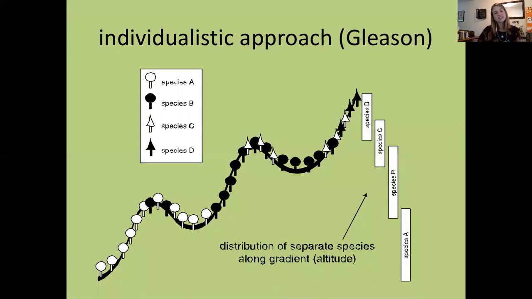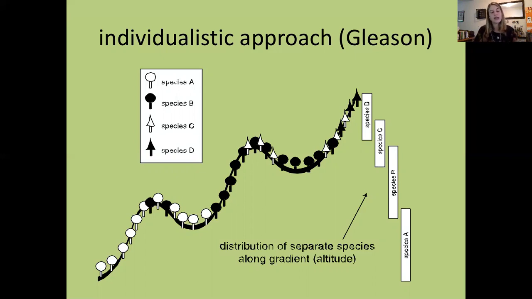And then we have the individualistic approach, which is Gleason. His is based more on gradients. So it's more stochastic and random, and each species will respond to these various factors differently, which explains the distribution of plants. For example, Gleason would say red maples compete best in shady conditions, which is why you would find them there.